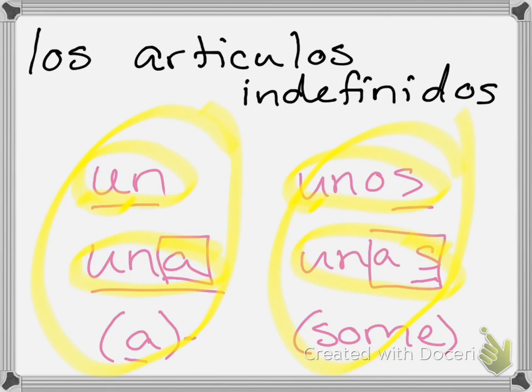But what's most important is what I'm trying to say. Un and una are the word "a," whereas unos and unas is the word "some." Okay? So "a" or "some." So you have to think about what it is I'm trying to say in this sentence.